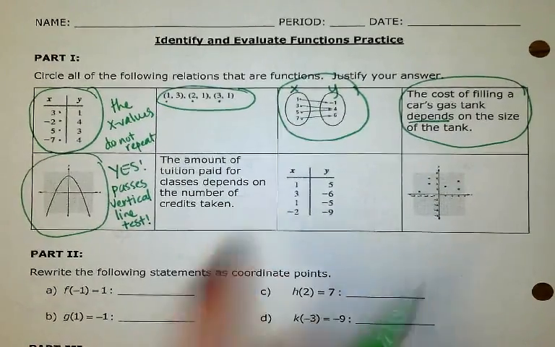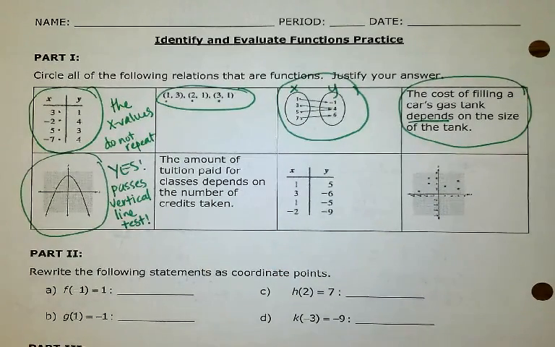Okay, let's think. The amount of tuition paid for classes depends on the number of credits being taken. Is that true? You haven't been to college yet, so you're not sure, right? It kind of depends. I would say yes, because if you do community college or something and you take a certain number of credits, you pay for the hours that you take. Does that make sense? You pay by the class.